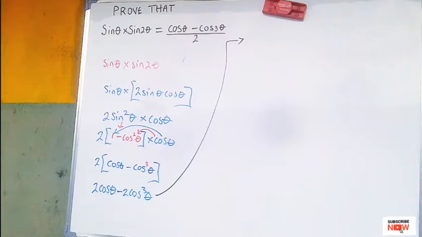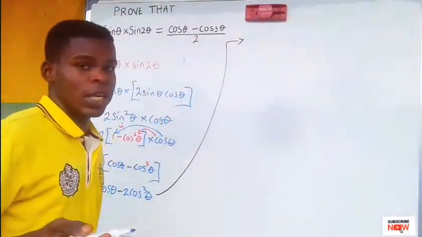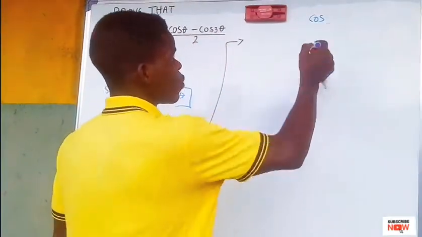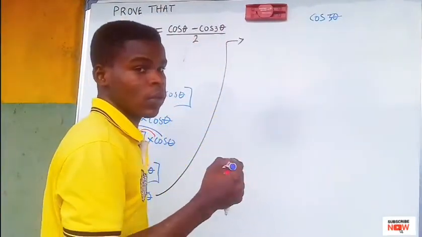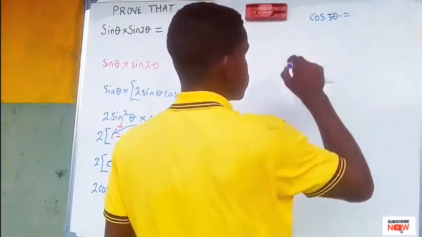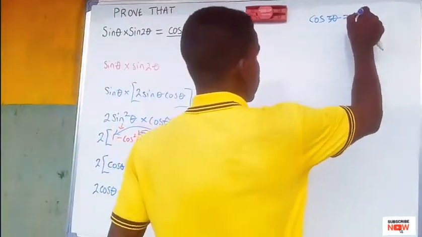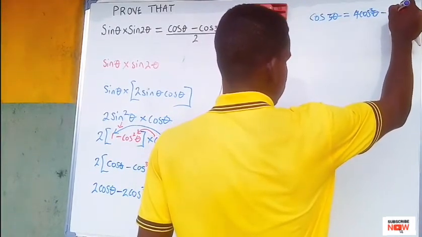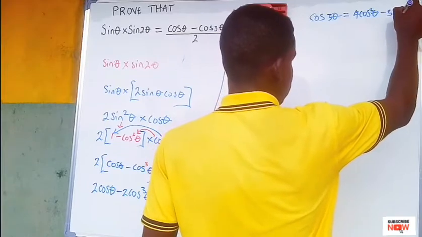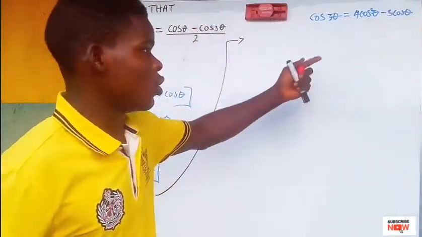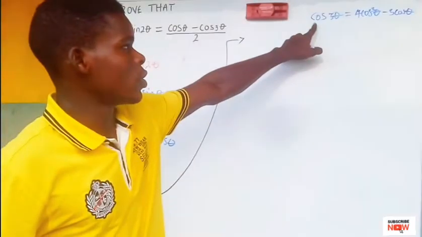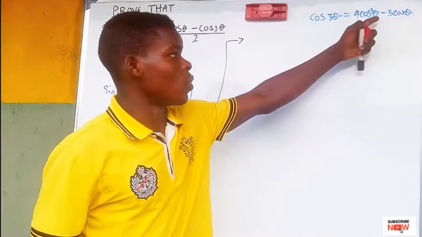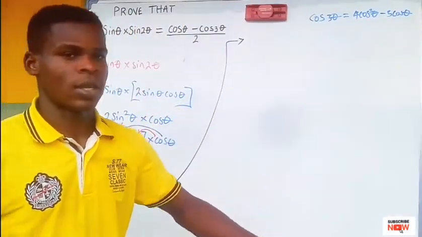There is an expansion of the cosine of 3 times theta, which is equal to 4 cosine cubed theta minus 3 cosine theta. In your complex numbers, if you equate the real parts together, you have that cosine of 3 theta is equal to 4 cosine cubed theta minus 3 cosine theta.